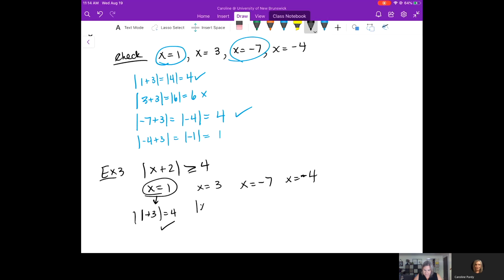If I plug in 3, I get x plus 2. Oh, I didn't put the exact same question, sorry. Let's just fix that. This was supposed to be a 3.